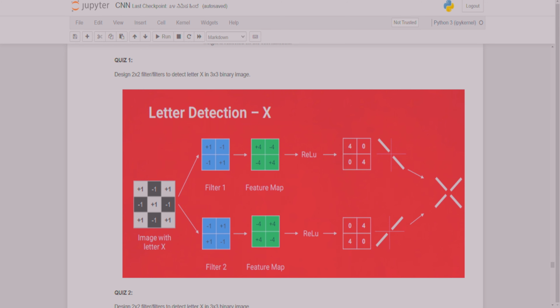The product will be +4, because I'm using +1 and -1. So this pattern is matching here. When you place it here, it matches, so you get the answer +4. That does not match at the second position, so you get -4, and so on. The same thing will be repeated, -4, +4.